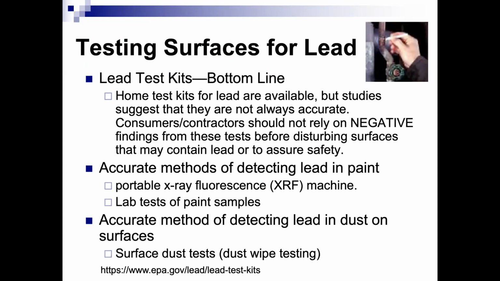Sometimes these test kits can take a long time. They basically have to use an acid and a chemical called sodium rhodizonate to make a color change. And in order for that color change to happen, the acid in the test kit has to be able to dissolve some of the lead, and that can take hours and hours and hours.